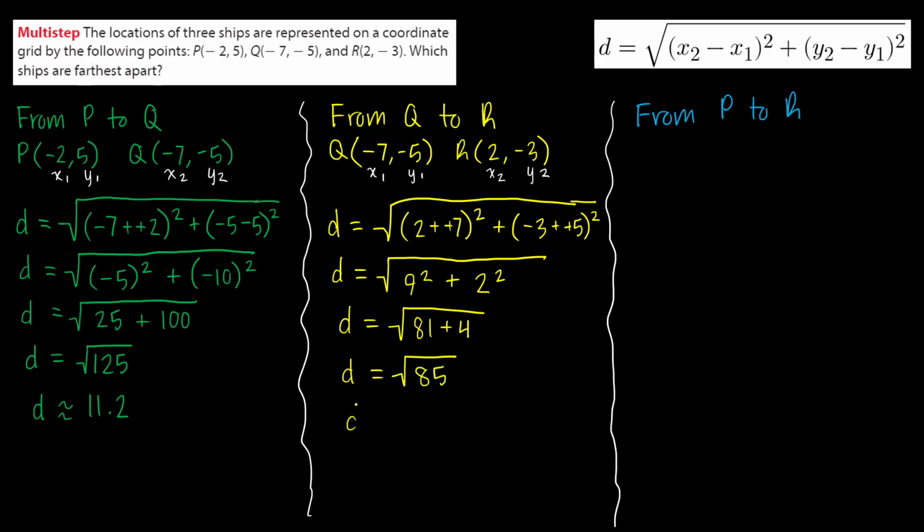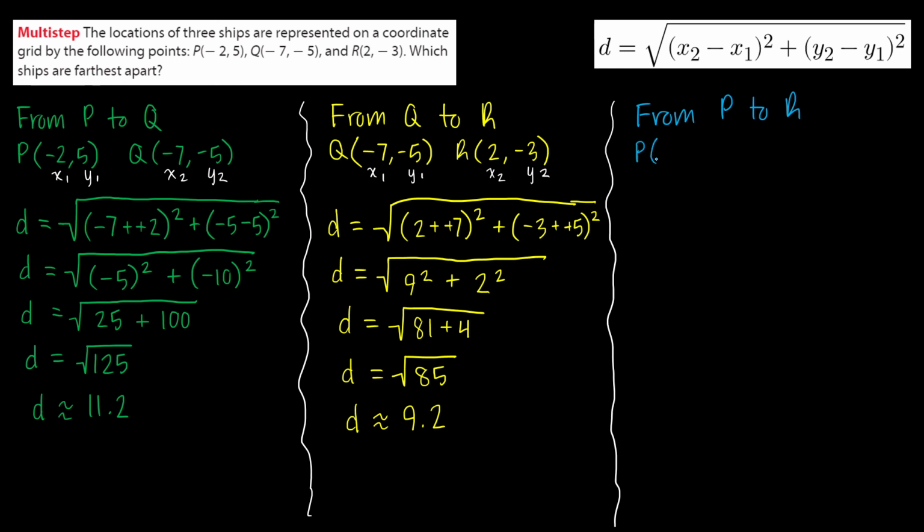And when I estimate the square root of 85 to the nearest tenth, I get D is approximately 9.2 units. So then I know that the distance from Q to R is not the farthest apart. It's not the greatest distance. So we've got one more shot. Let's see if P to R is a greater distance apart than P to Q.